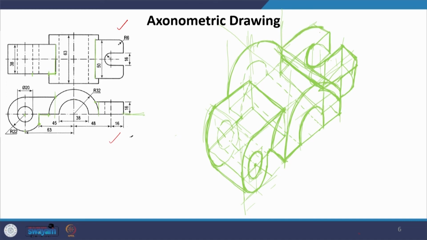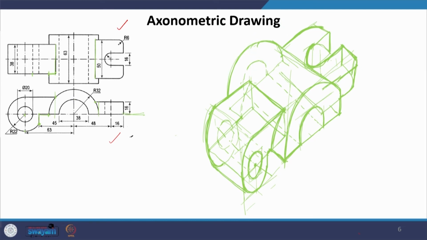Now, I will erase all the excess lines and you will see that we have arrived at what would actually be seen. So, I am just removing all the excess lines for us to see the actual object.